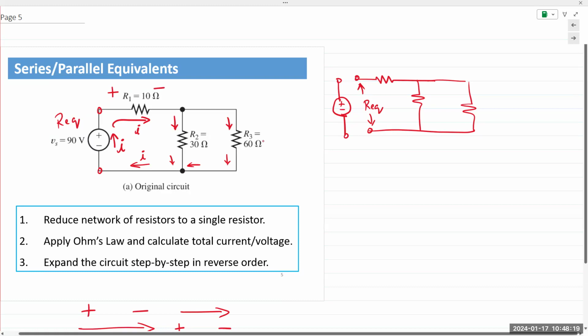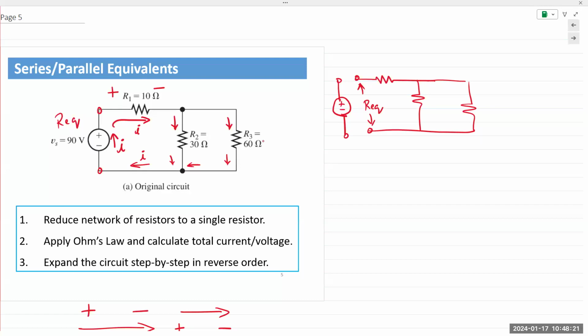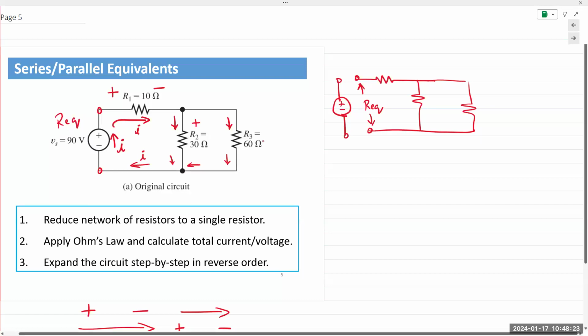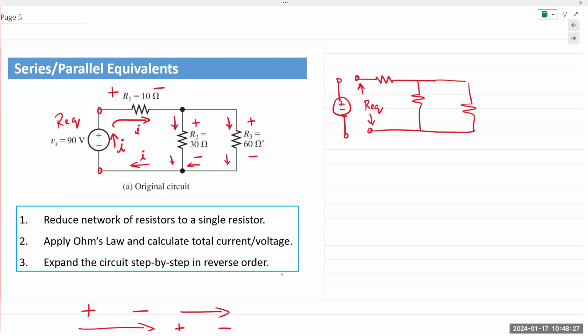Same thing for R2 and R3. Point of entry is plus, point of exit is minus. And now we have assumed and labeled the voltage polarities and current direction for the entire circuit.